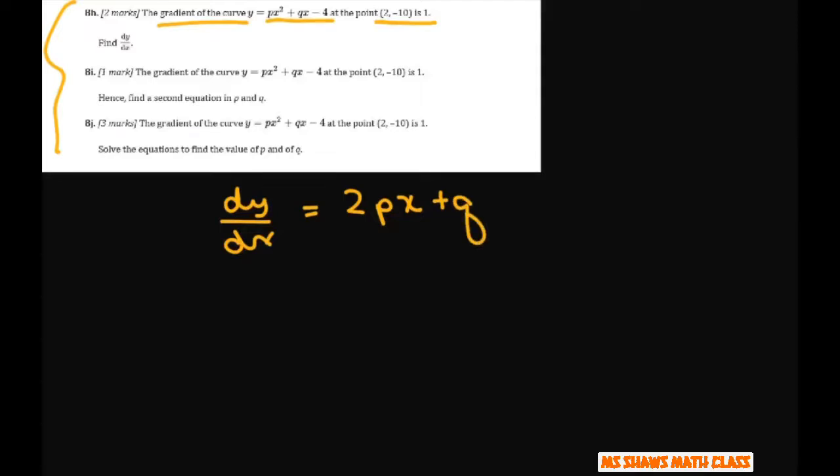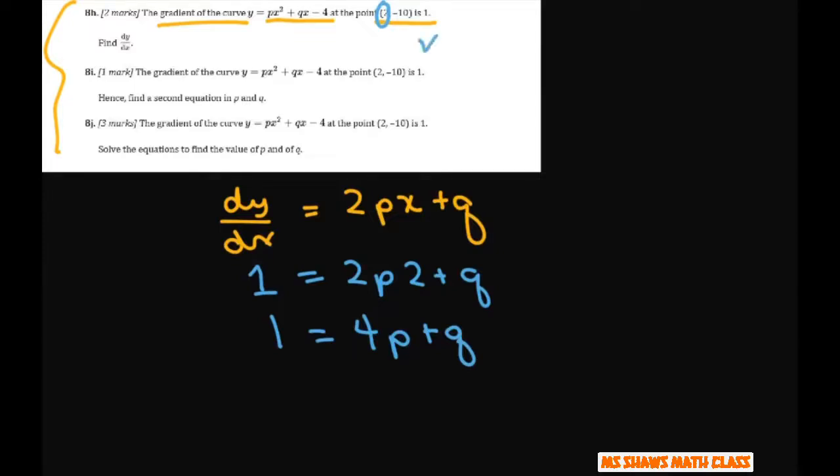And when you plug in 2, you know this should equal 1. So we're going to plug in 2p times 2 plus q. So you get 1 equals 4p plus q. So that is for 8h.